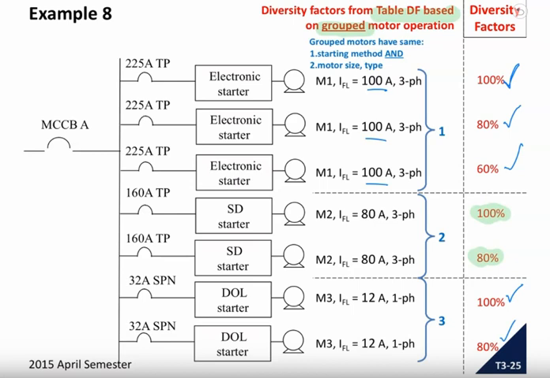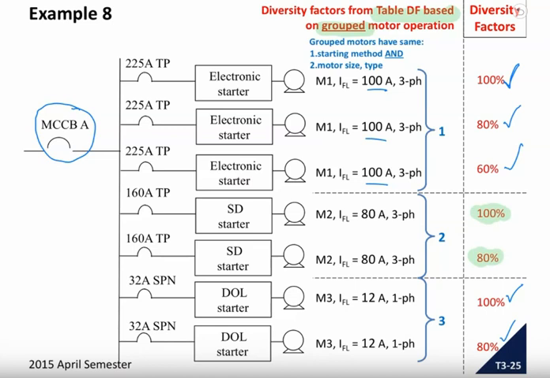I stop here for 10 seconds to let you internalize this concept about diversity for motors before we go back to sizing the feeder circuit breaker. Okay. Any question? So the idea about maximum demand is same as what we have done in topic 2.